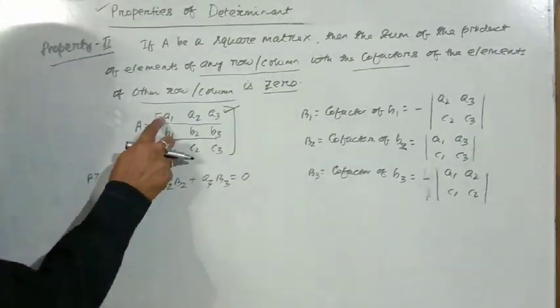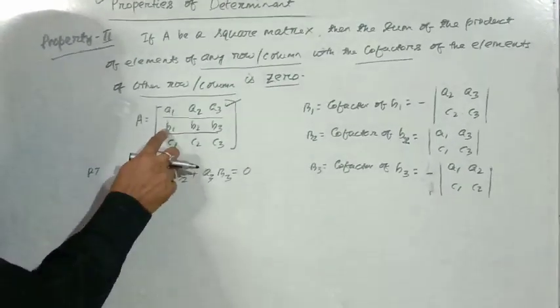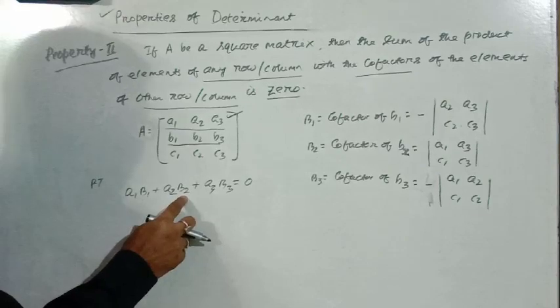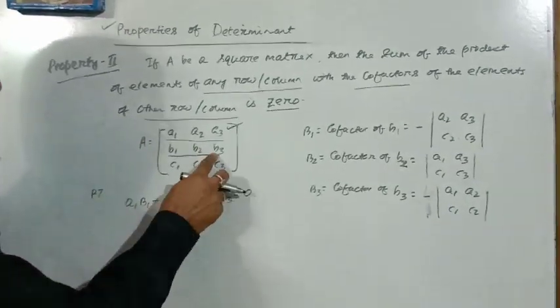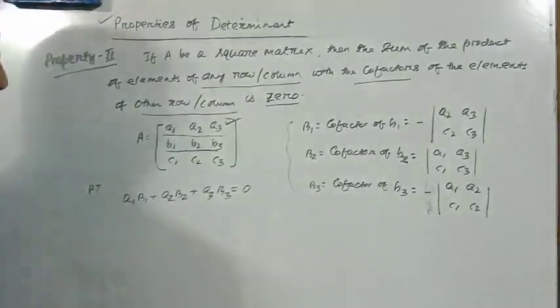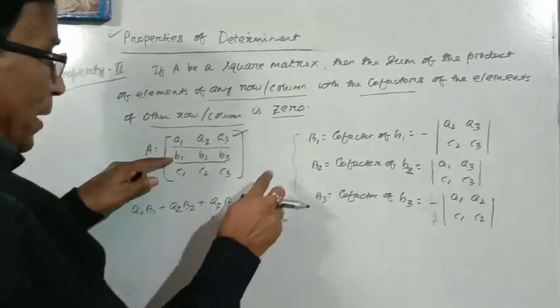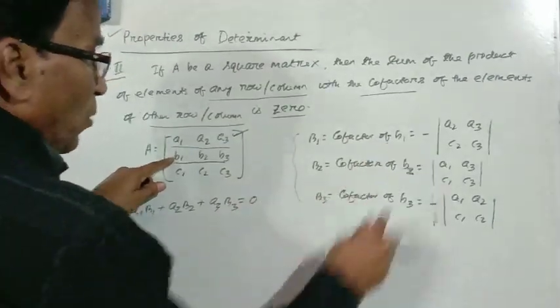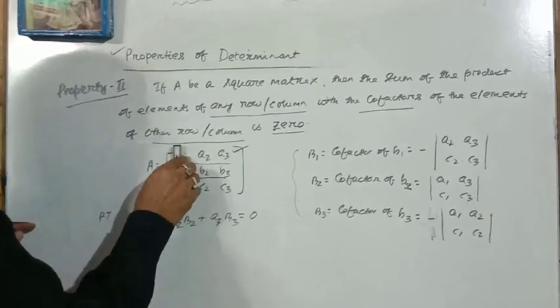That means a1 into B1, where B1 is the cofactor of the element b1, capital B2 is the cofactor of small b2, and capital B3 is the cofactor of b3. Here you see, first we will find the cofactors B1, B2, B3. Capital B1 is the cofactor of small b1. That means we have to omit the second row and first column.